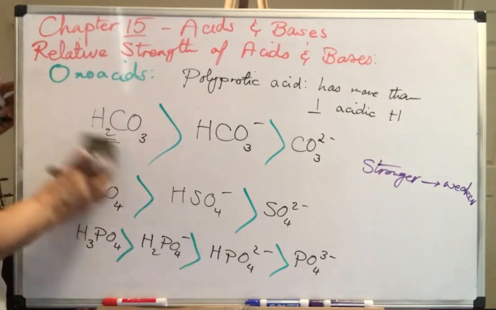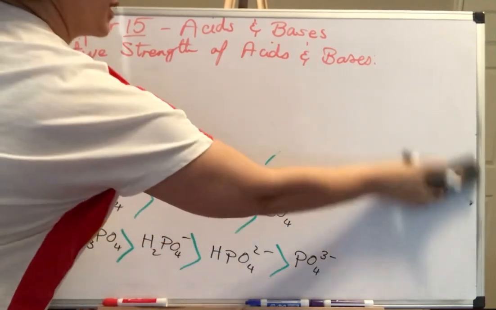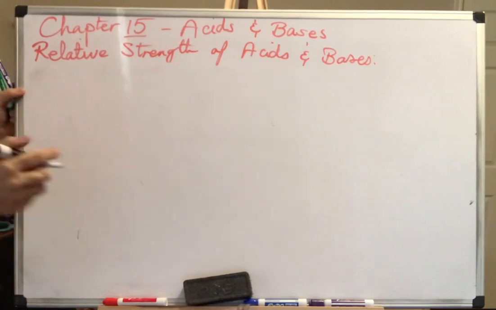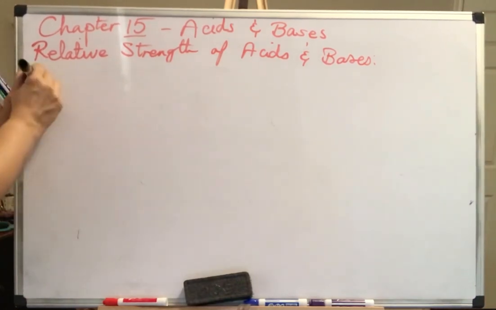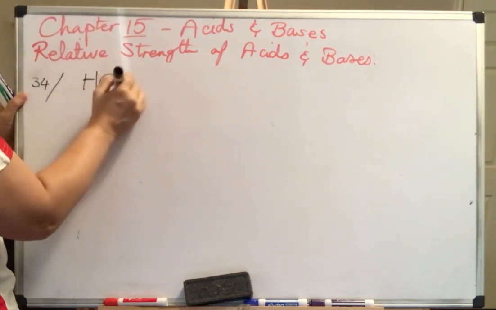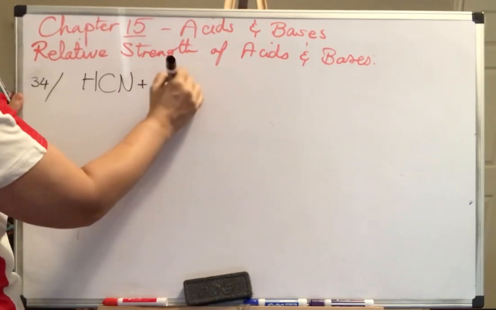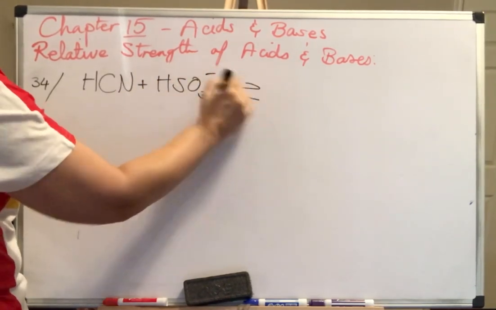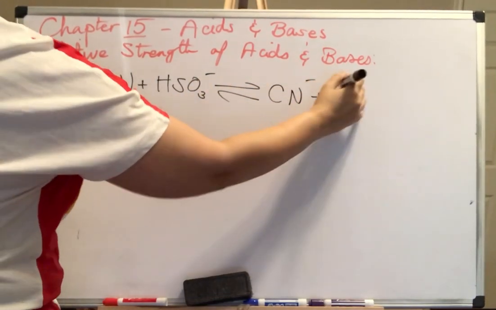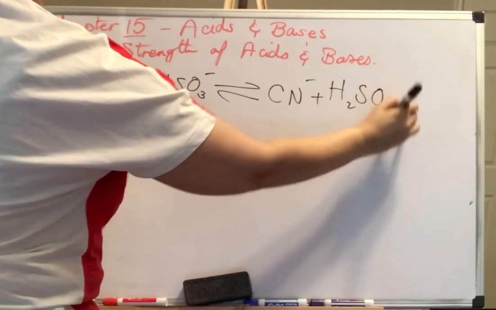Like this example that you have on your PowerPoint slides, slide number 34. Slide number 34 is giving you this equation: HCN plus HSO3 with a negative charge, going to CN negative plus H2SO3.